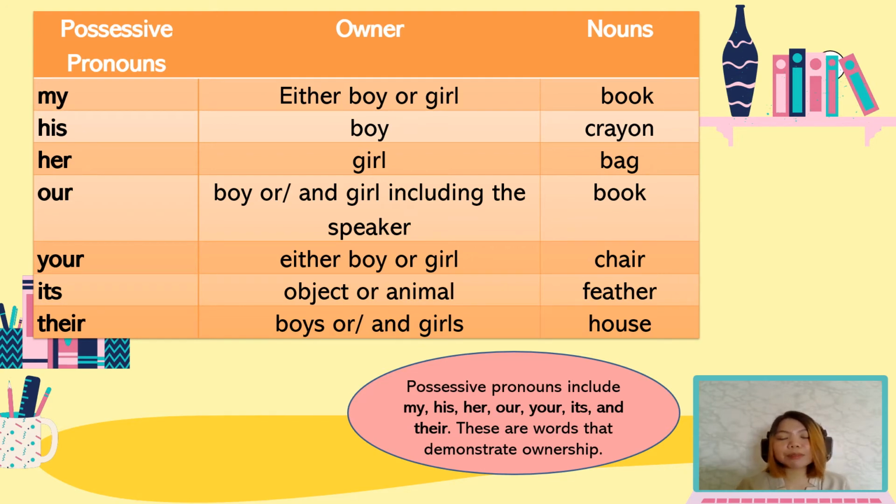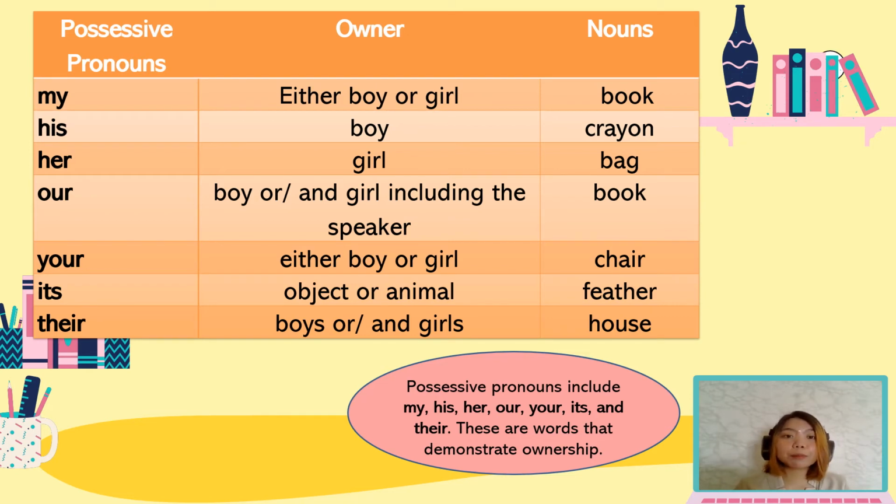Next, we have the possessive pronoun your. We use the possessive pronoun your if the owner is either a boy or a girl, or you are talking to the owner itself. For example, your chair. Next is its.